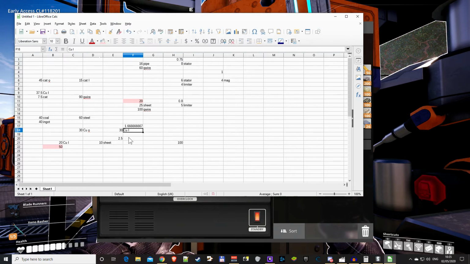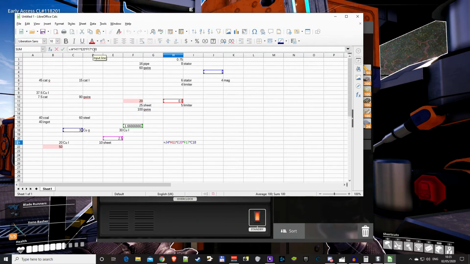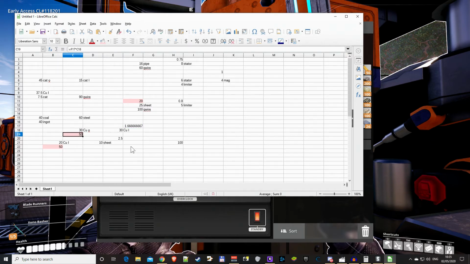What happens if I put 22? Yeah, I guess this last cell should be the production value. This multiplier times the production. And then C19, what happens?